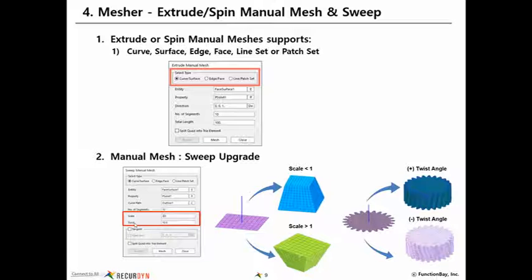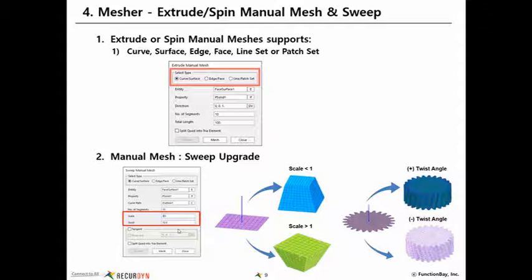And then you can also include a twist. Here we have a gear example where including a positive twist angle, as you extrude it, will twist the mesh in one direction. And if you include a negative twist angle, it'll twist the mesh in the opposite direction.